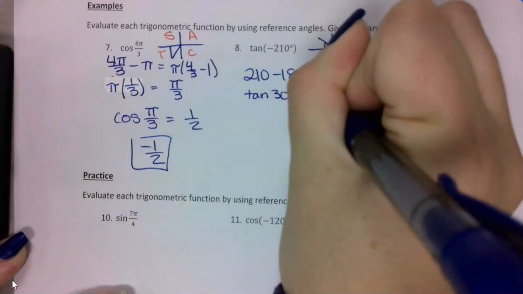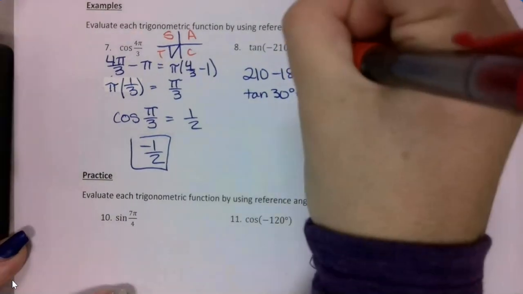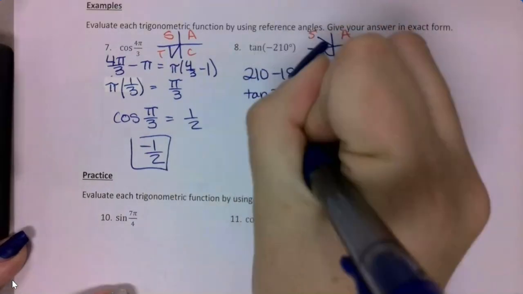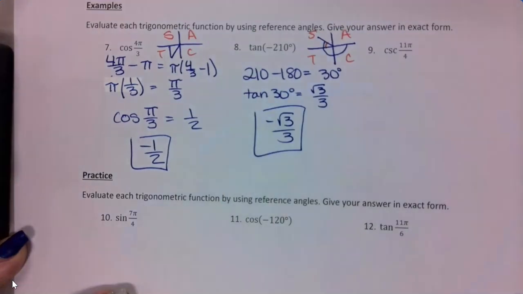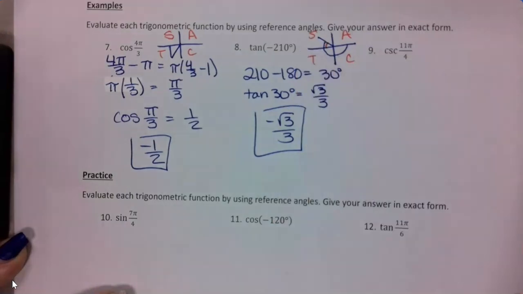Okay, should this be positive or negative? Negative. Because in that quadrant, only sine is positive.